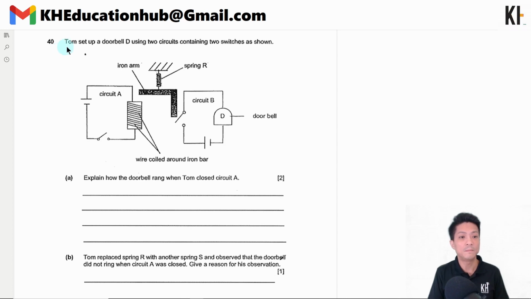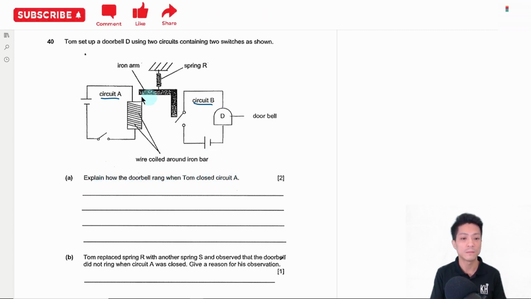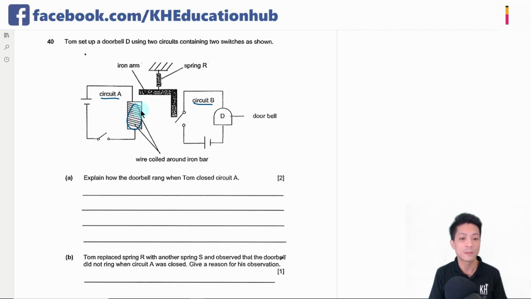Question 40. Tom set up a doorbell D using 2 circuits containing 2 switches as shown. So there is a circuit A and there is a circuit B. Explain how the doorbell rang when Tom closed switch A. So in this case, when the switch is closed, the iron bar over here will be magnetized, and it will cause the iron arm to be attracted to it.